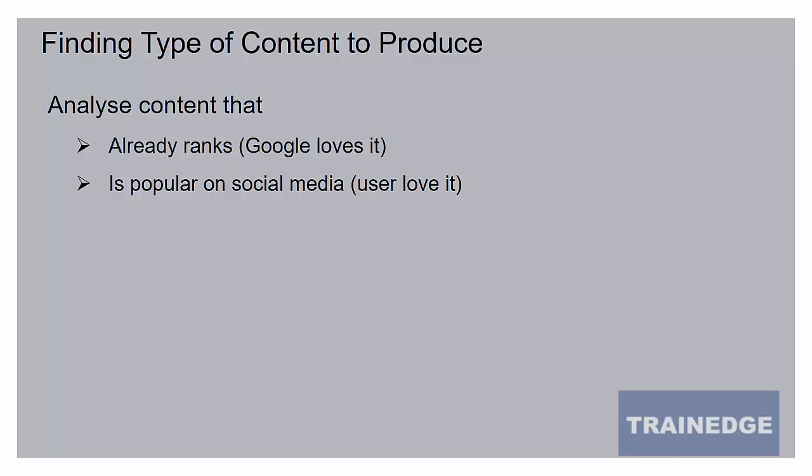But if people like something on social media and they're sharing it, that means some people might end up building links to this content from their website because they like it. So if something is popular on social media, it means that you may be able to attract a lot of links from users who discover it on social media and like your content.